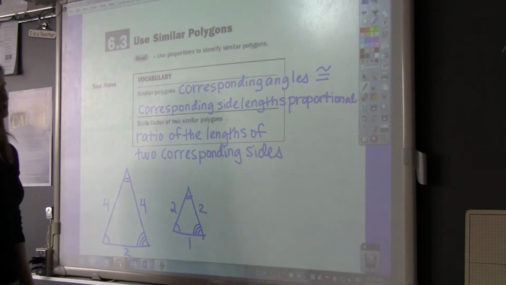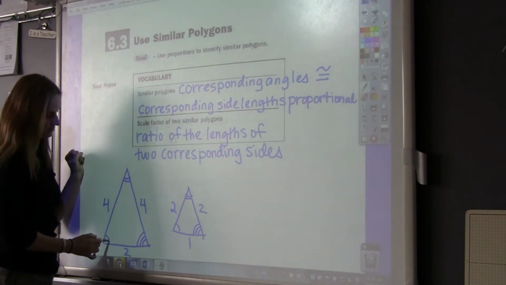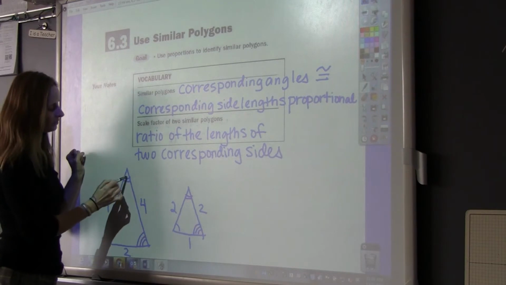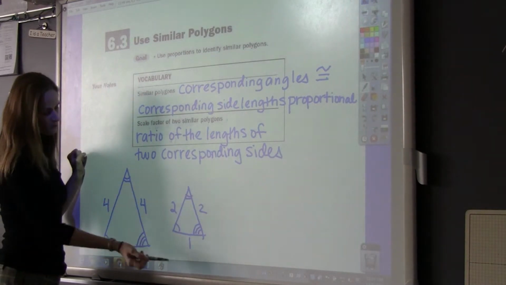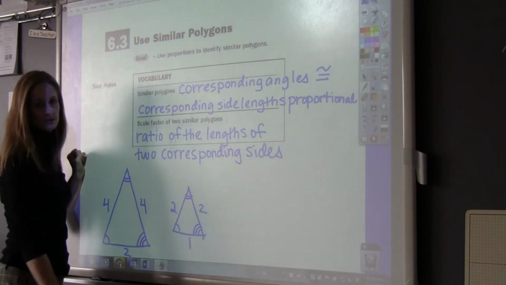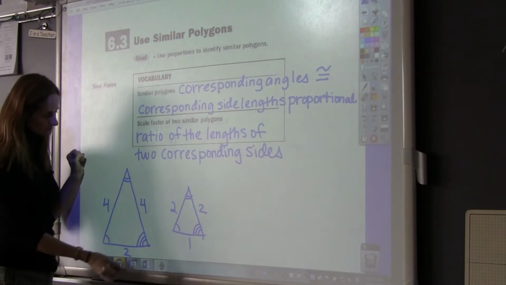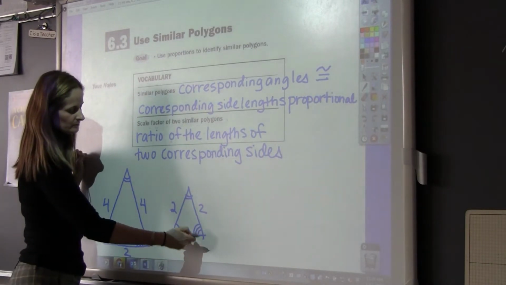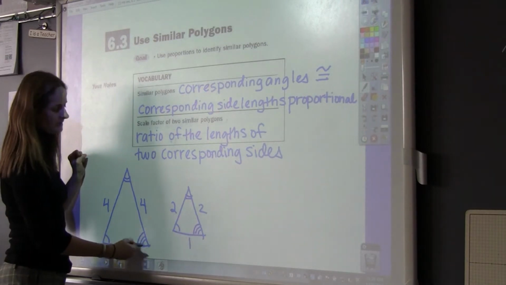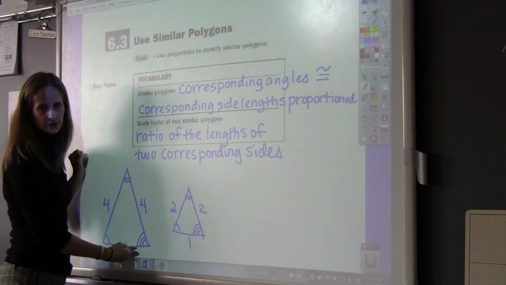So if I draw two triangles here, this angle corresponds to this angle, and they're congruent. This angle corresponds to this angle, and they're congruent. This angle corresponds to this angle, and they're congruent. Okay? So the ratio of the lengths of the sides, from the length of this side to the length of this corresponding side, is for every 1 here, there's 2 here.